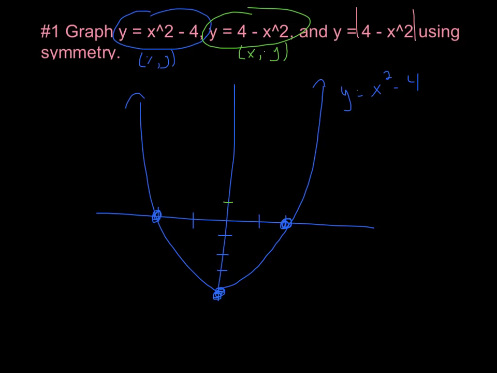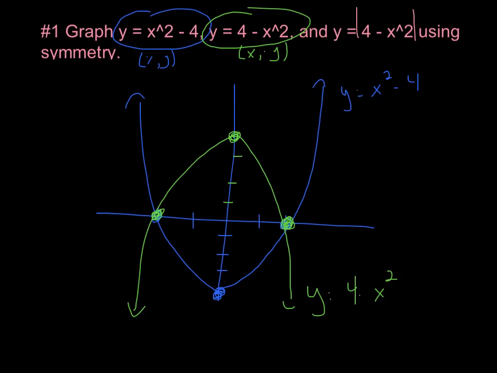So instead of 0, negative 4, it's 0, positive 4. Instead of negative 2, 0, it's still negative 2, 0. Instead of 2, 0, it's still 2, 0. And he's flipped, isn't he? That's y equals 4 minus x squared. That's the same thing as negative f of x, if you want to think about it like that.